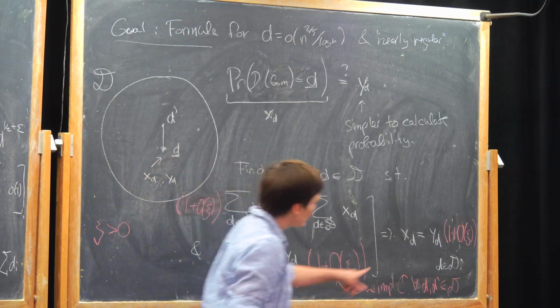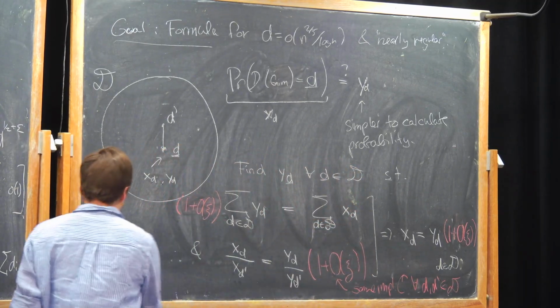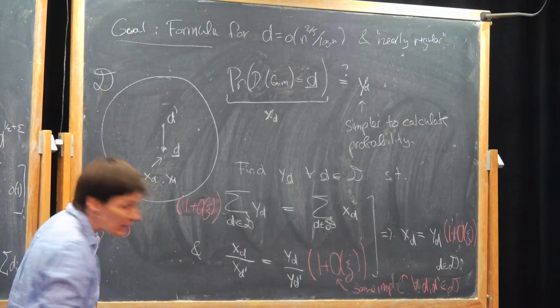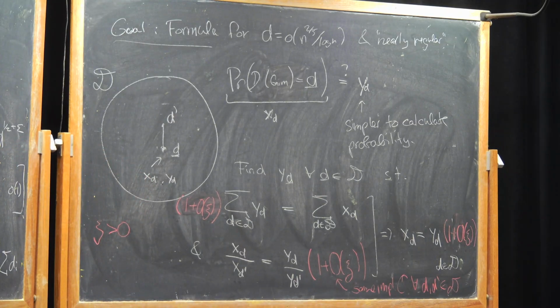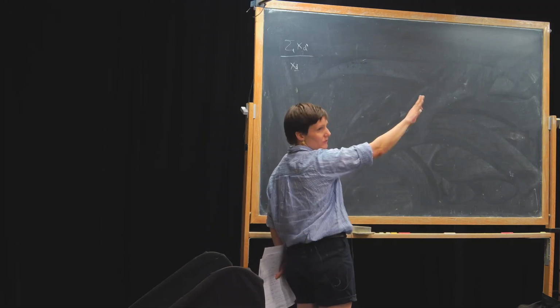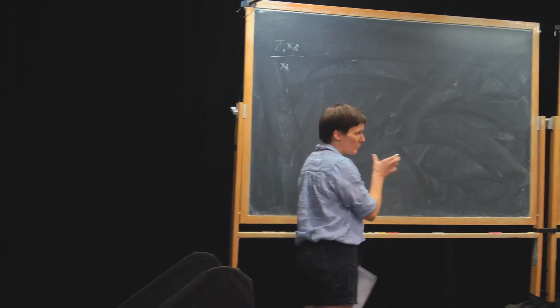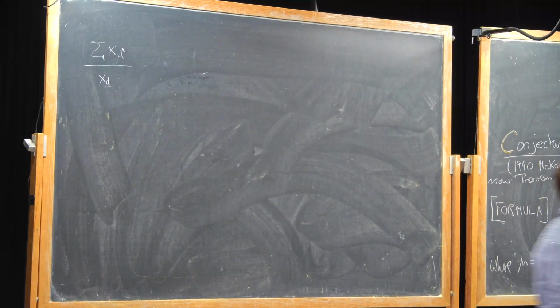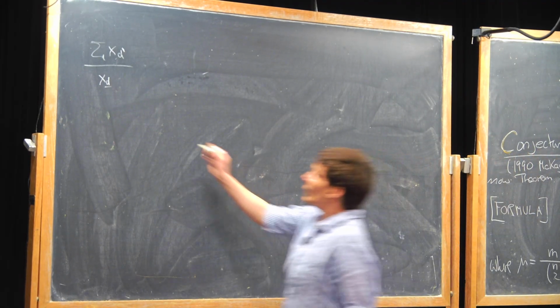The way you get something like this, I can give you a hint: if you write the sum of all xd prime over a fixed xd, and then you just pull out the error. What you need is that it's the same error bound for all pairwise ratios, and then you get it.